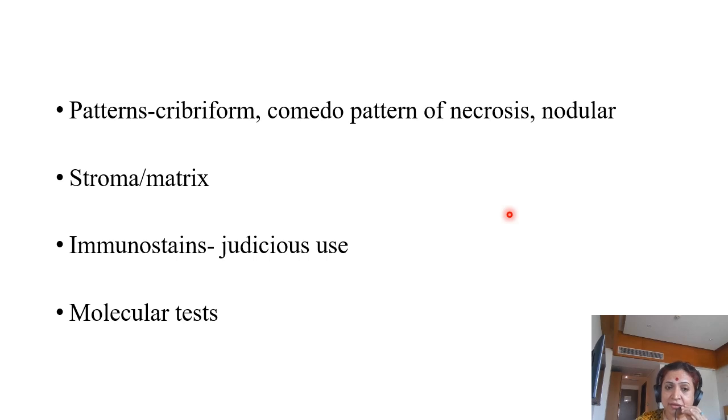So when stroma or matrix is present, you can push the differential towards a myoepithelial component or abluminal cells being present in that tumor. You have to use immunostains judiciously, and there are some specific markers and some markers which are not that specific, and also you have molecular tests now.